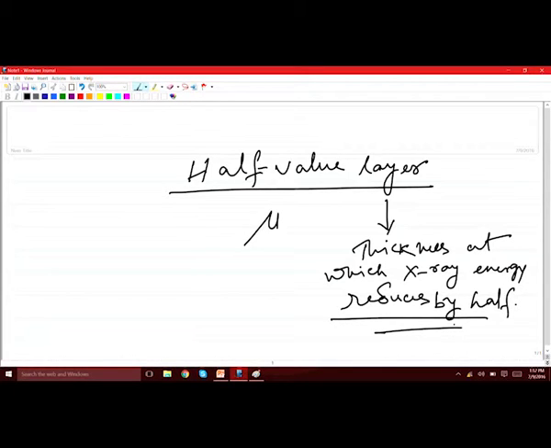And that is why the name, half value layer. Okay. And this is a parameter which is much easier to remember, because this is just a depth or a thickness instead of remembering this mu. And that is why, with regard to shielding, this is the parameter which is used for designing shielding chambers and shielding vaults and things like that.